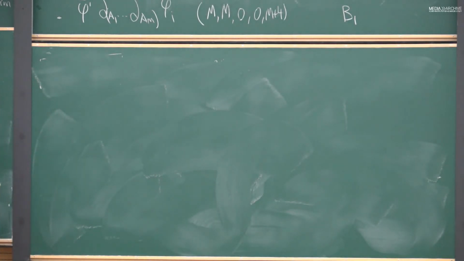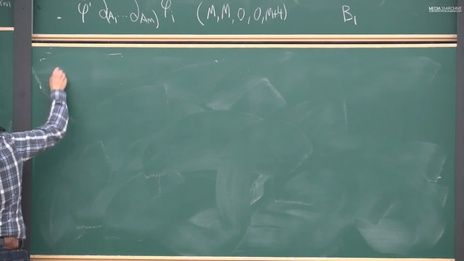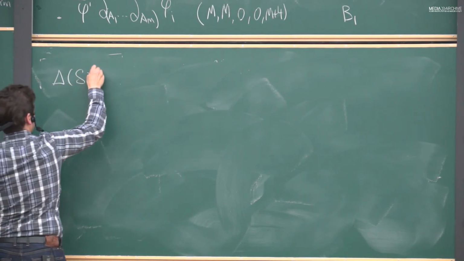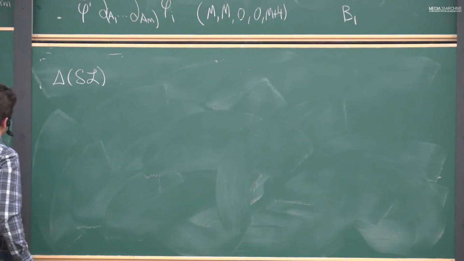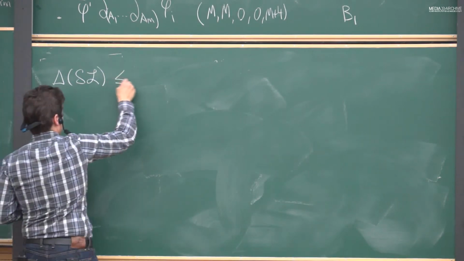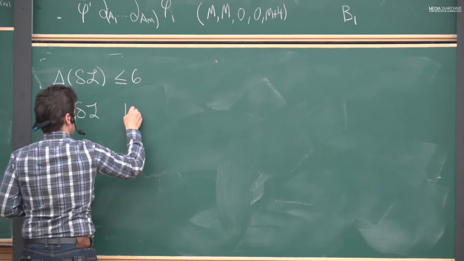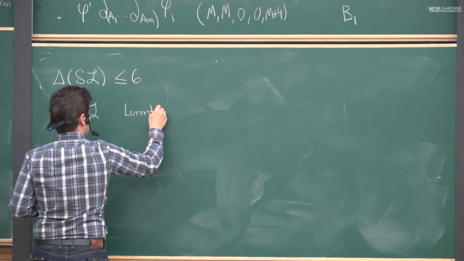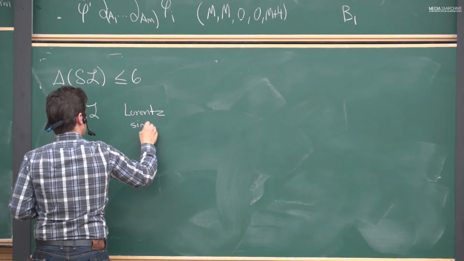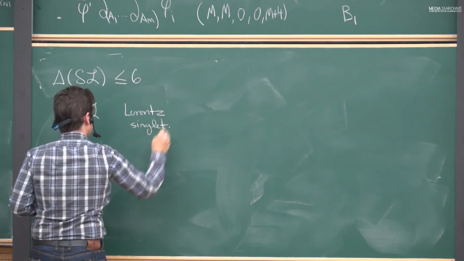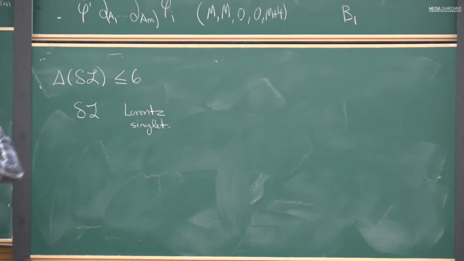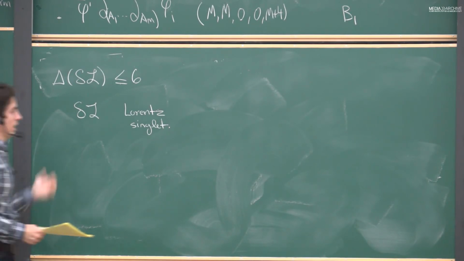Let's go back to this C1 guy. If we take the deformation of the Lagrangian, delta L, we want its dimension to be less than or equal to 6, and we want delta L to be a Lorentz singlet. This guy was labeled by 2 quantum numbers, R and M. That M was M1.